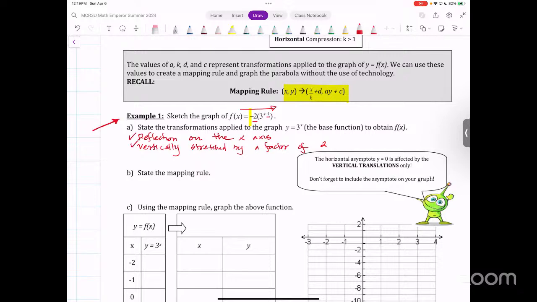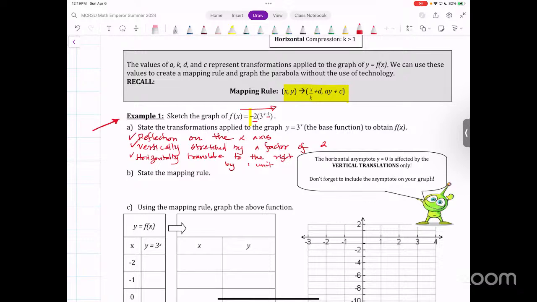Now you're right. We're going back to the horizontal translation. Can you describe that? Horizontal translation to the right by 1 unit. So do not confuse that. If you have a negative, you go to the right. If you have a positive, you go to the left.